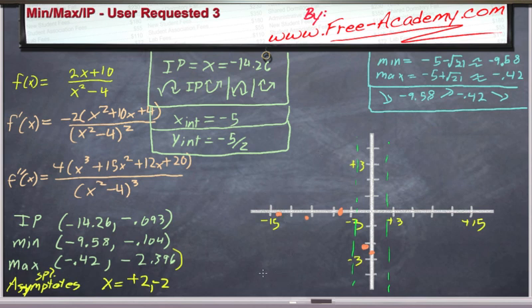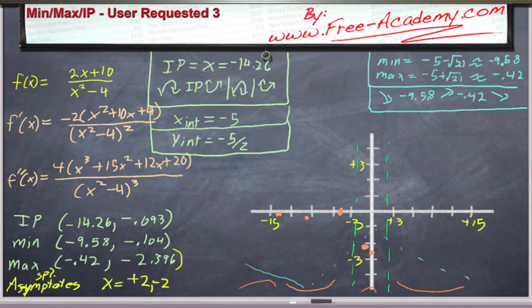And now we also know that we're concave up, we're concave down until here. We're concave up until the asymptote, concave down after, and then concave up after that. We're decreasing until here. We increase until here, and then we decrease after that.